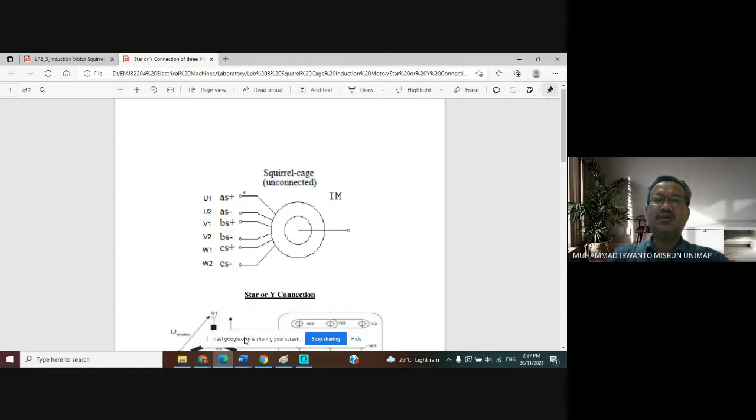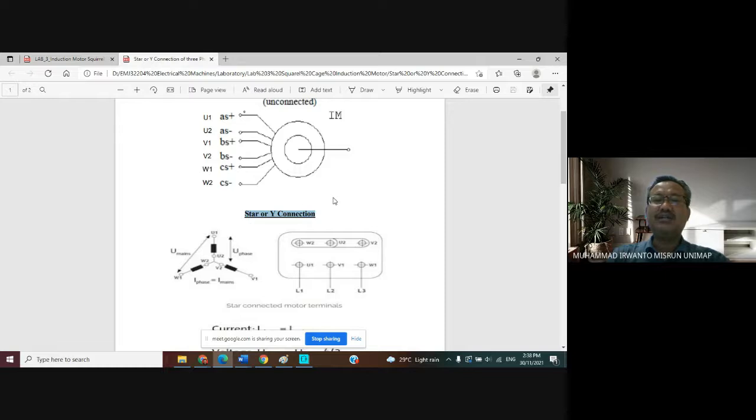Or if we follow the connection of the physics of the motor, if we use the symbols U1, V1, W1, U2, W2, V2, the sequence is U1, U2, V1, V2, W1, W2. So how to connect to be star or Y connection?